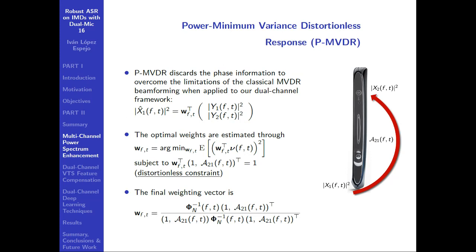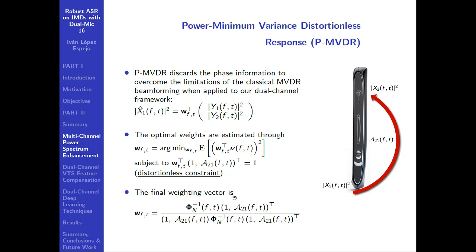Our second technique is power minimum variance distortionless response, and this one is based on MVDR beamforming, but this discards the phase information to overcome the limitations of the classical MVDR beamforming when applied to the considered dual-channel framework. We can compute the clean speech power spectrum at the primary channel from a linear combination of the dual-channel noisy observation, where the optimal weighting vector can be computed by minimizing the mean square noise-dependent term subject to this distortionless constraint for the clean speech signal.